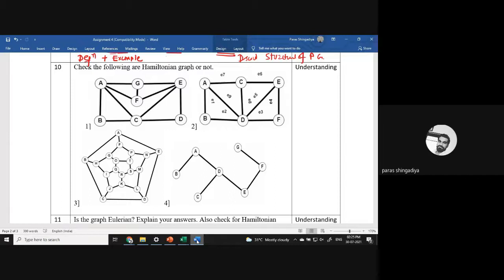Those are the new students. Those who are new students, first just understand the Hamiltonian graph, and then try it by yourself. Okay? If you have any doubt, you can ask me, but just try it. Clear? We'll repeat all this theory again. We'll revise it.